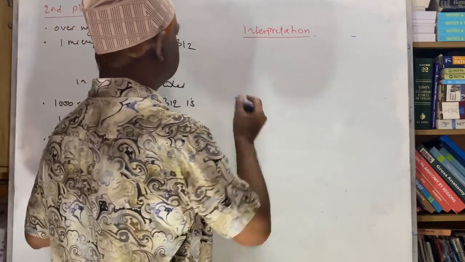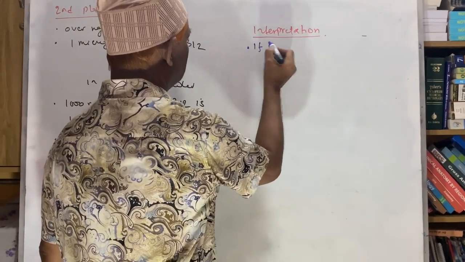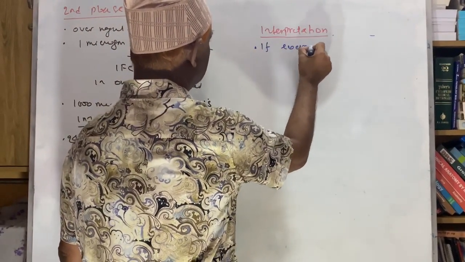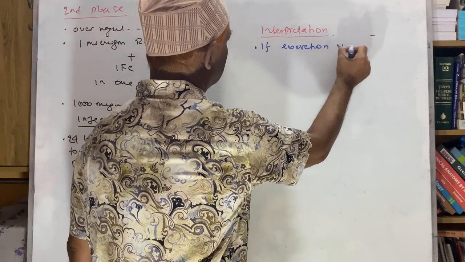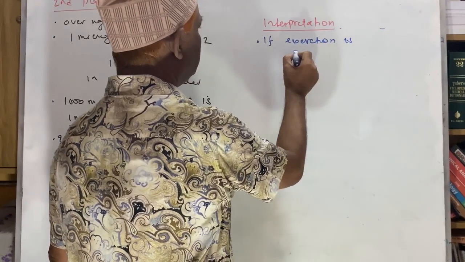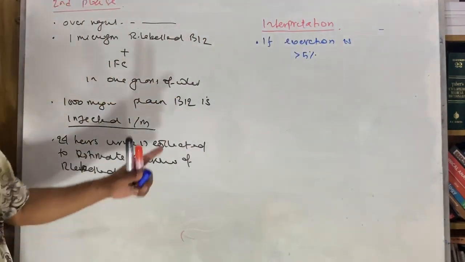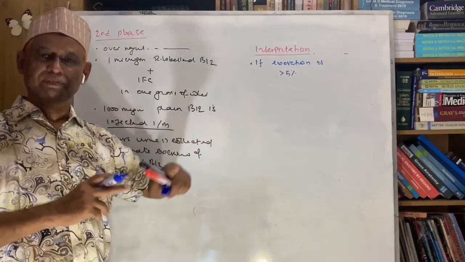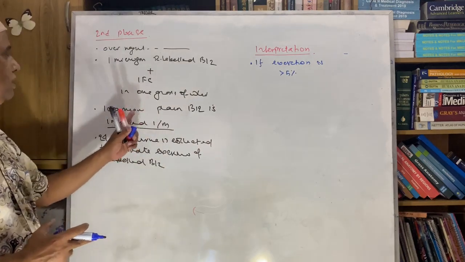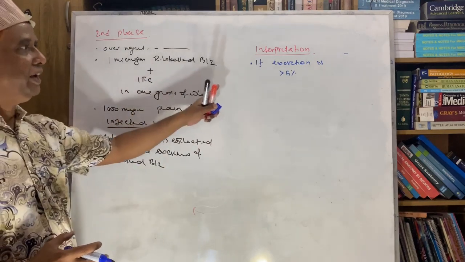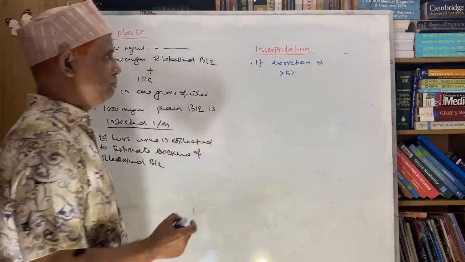After giving intrinsic factor of Castle, if excretion is more than 5%, what does it mean?